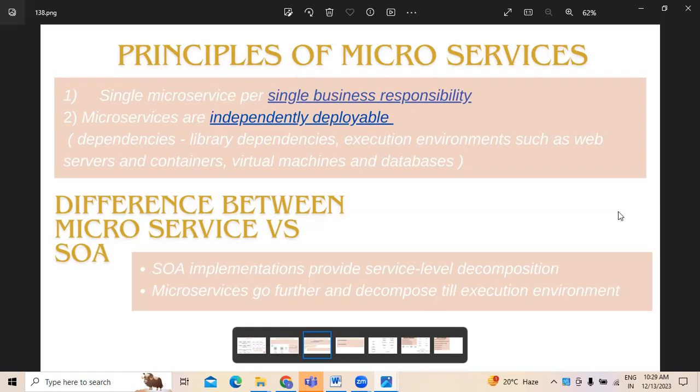Whatever decomposition of the implementation as well as execution we are doing will be continued till the execution of the particular application. That is not confined to the service level areas, whatever we initiate. At the same time, microservices has a possibility to go further till the execution of the environment. So these are the two major differences.